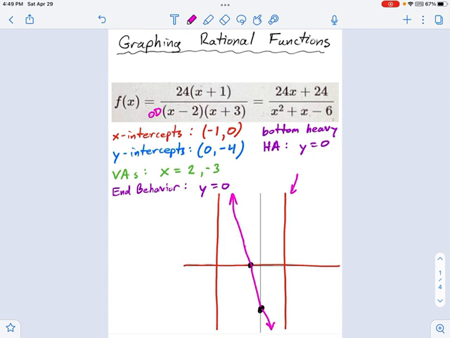So when you have an odd vertical asymptote, it comes in from the other side. Notice how I've got this one going down right here. When you have an odd asymptote, that means you come in from the other side. You have to be going up on the other side of the asymptote. So I'm going to draw these asymptotes that way and for that reason. I've got this guy coming from the upside, and of course I'm going to approach the horizontal asymptote and look like that. So there's my function in the right interval.